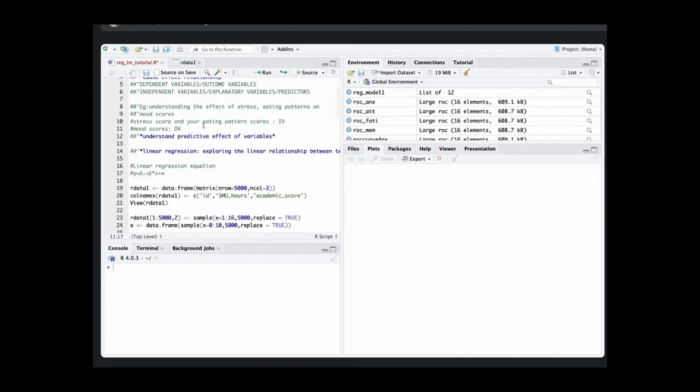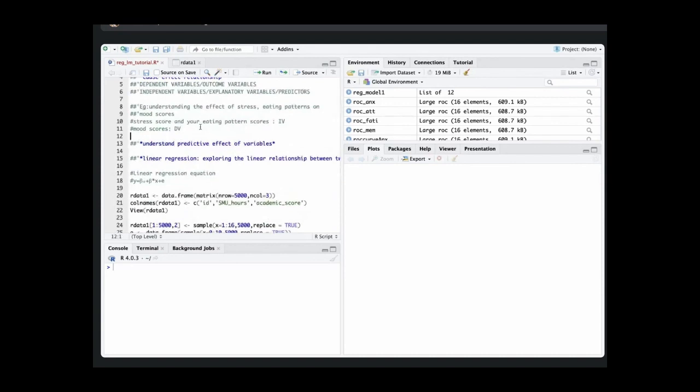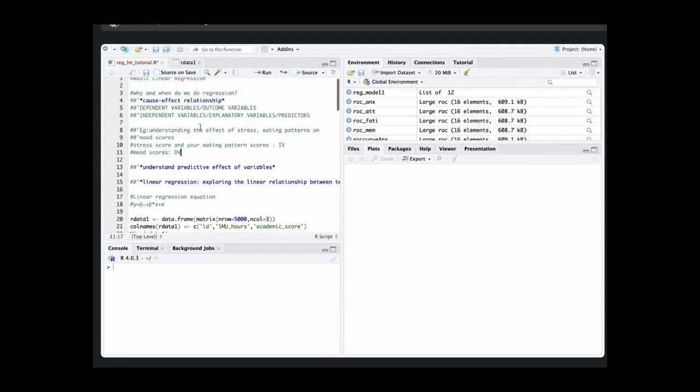Now, another reason why we do regression is to understand the predictive effect of variables, as would be clear. Let's say, in some research question, we are faced with one or maybe two predictor variables, like in this example, right?